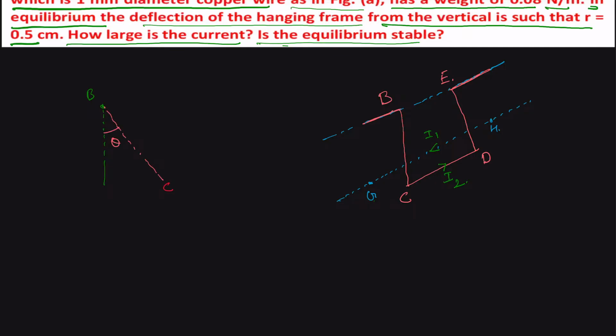So this is my C, and let us call this vertical as my C prime. And this distance is given to us as our R, and the value is given to us rather.